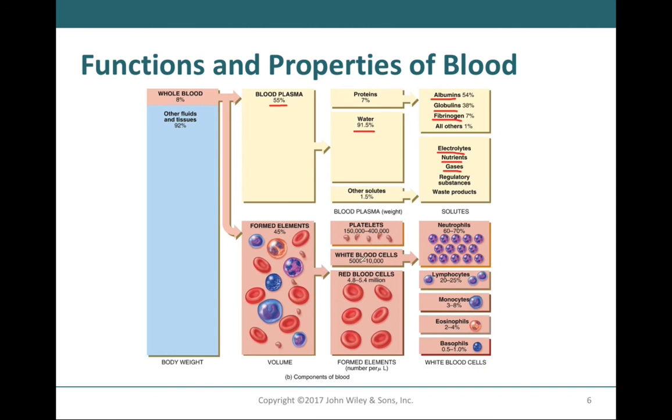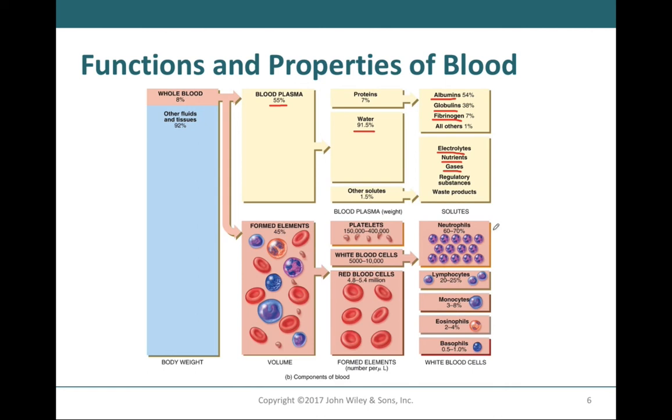And our white blood cells will offer more of an immune protective function for the blood. And you can see some of the white blood cells are listed here also. We have neutrophils, lymphocytes, monocytes, eosinophils, and basophils. And each of these white blood cells plays a very unique role in our body's immune response.